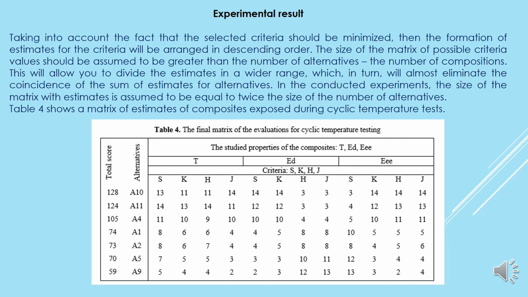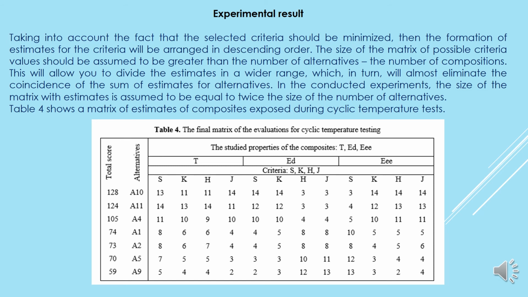This will allow you to divide the estimates in a wider range, which in turn will almost eliminate the coincidence of the sum of estimates for alternatives. In the conducted experiments, the size of the matrix with estimates is assumed to be equal to twice the number of alternatives.